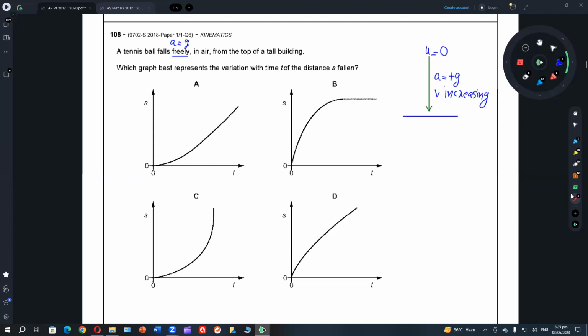I'm collecting the information I have. It's a distance time graph. So the gradient is speed. All the graphs are distance time. So the gradient is speed.